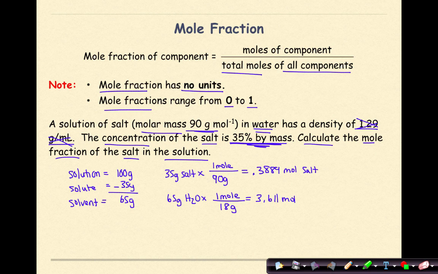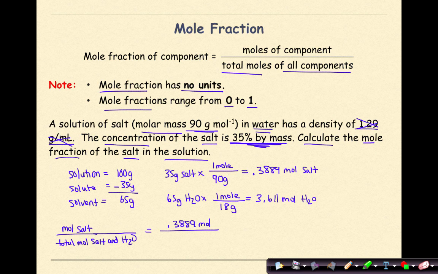And 65 times 1 divided by 18 is going to be 3.611 moles of water. So what I need to do now is take the moles of salt and divide it by the total moles of the salt and the water. So my moles of salt was 0.3889 moles.